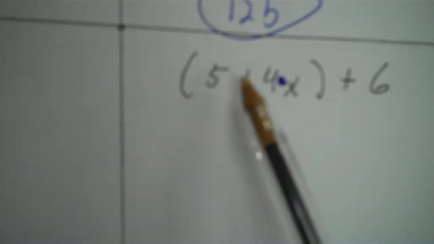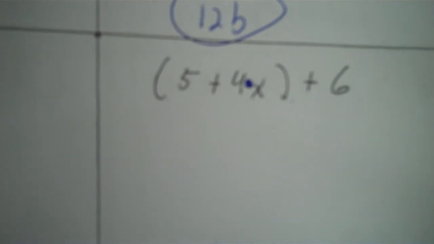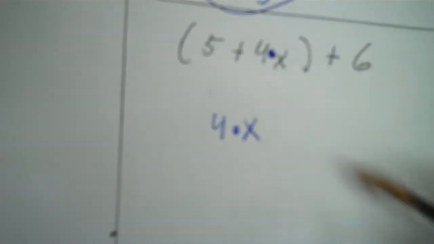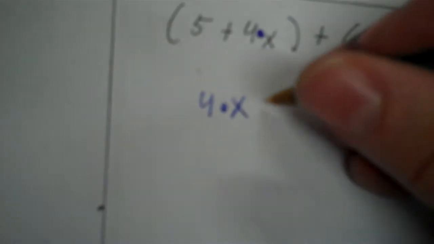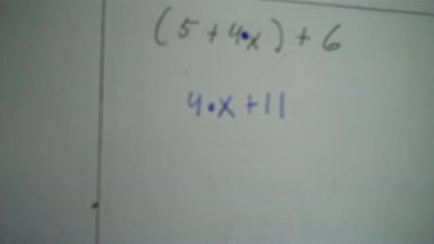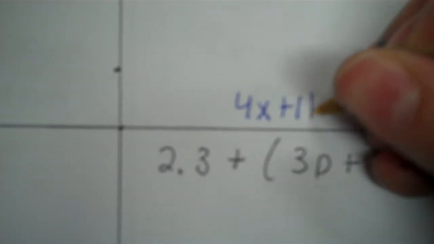Now the addition, we have a couple of additions, but we can only do some of it. The 4 times x can't be added to anything. The 5 and the 6 can though, and that makes 11, so plus 11. Don't add the 4 and the 11. The 4 is multiplied by x, the 11's not, so they cannot be added. I cannot do that operation. So that's 4x plus 11.